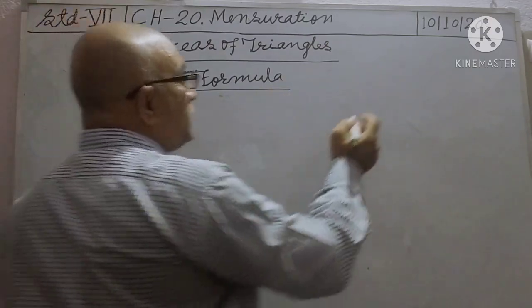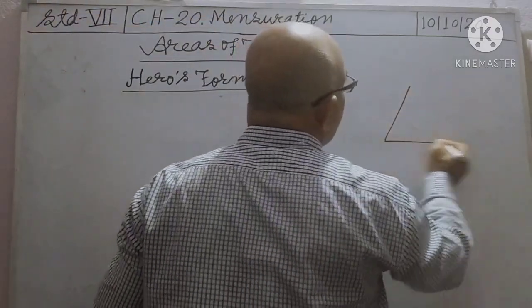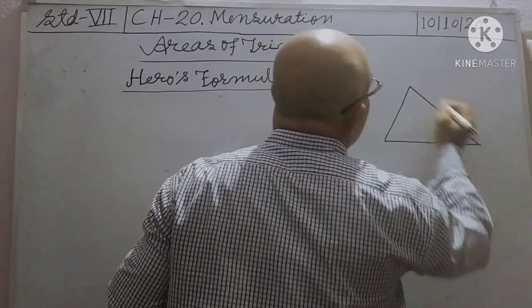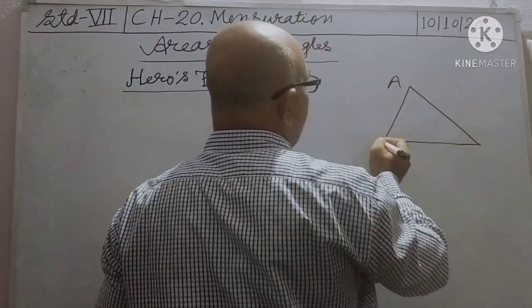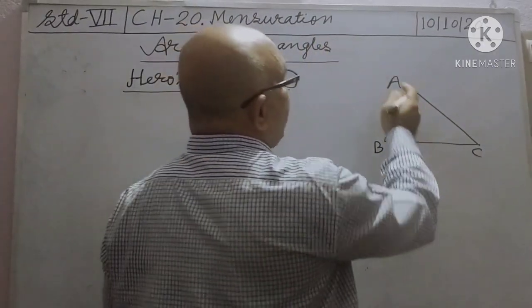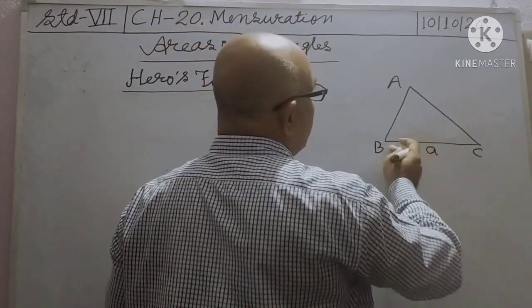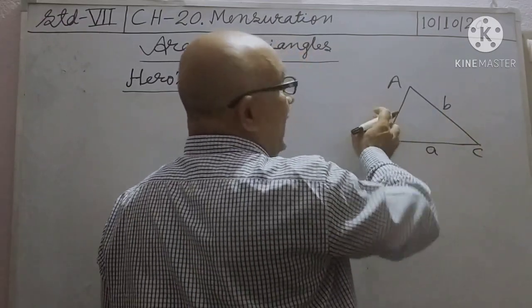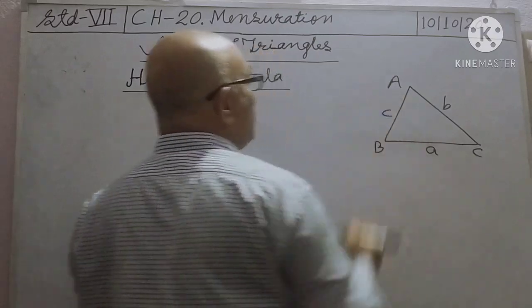Suppose ABC be a scalene triangle. The opposite side of vertex A is small a, the opposite side of vertex B is small b, and the opposite side of vertex C is small c.